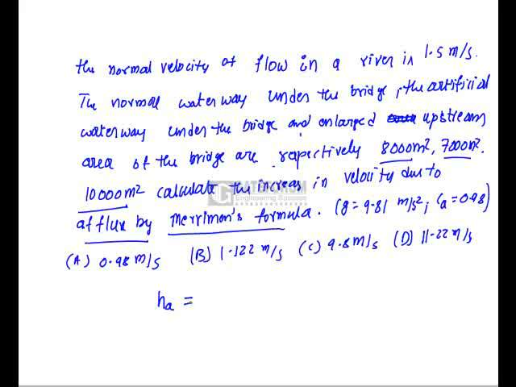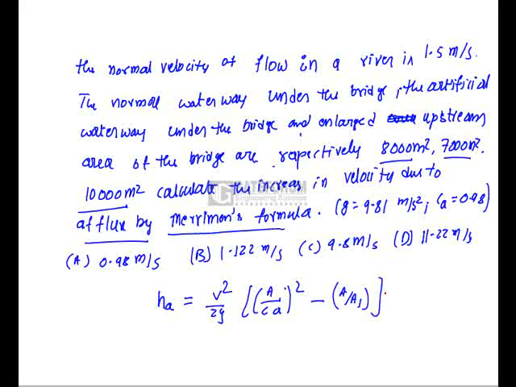Merriman's formula gives the afflux HA as V square by 2g into (A by C a) whole square minus A by A1. We will describe each term.